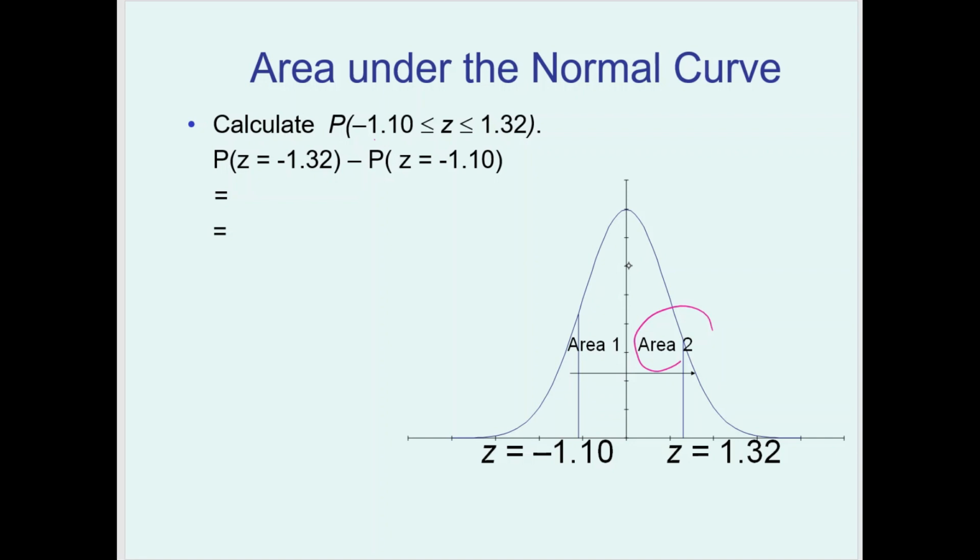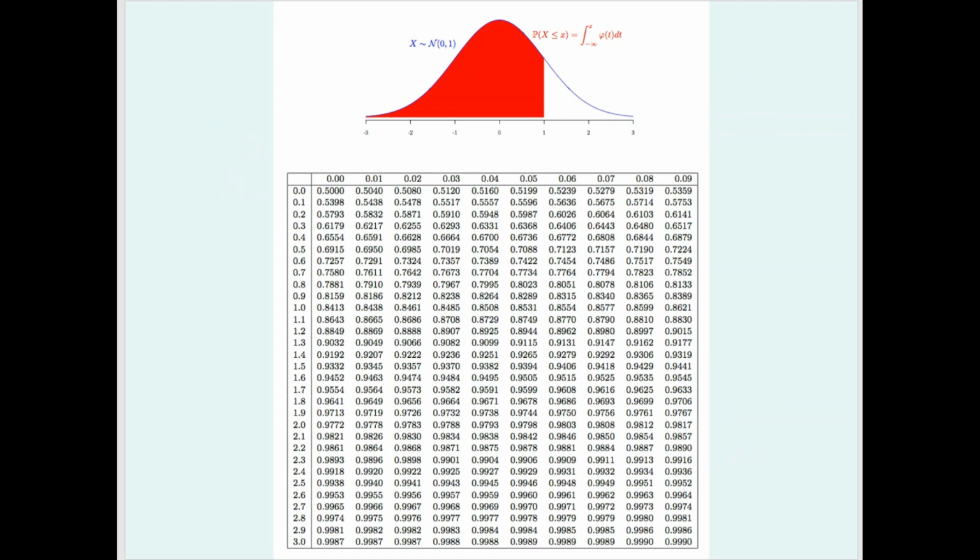So how do we calculate this? Probability of z less than 1.32 minus probability of z less than negative 1.10. Just now we already read from the table that z less than 1.32 is 0.9066. How about the value for 1.10?